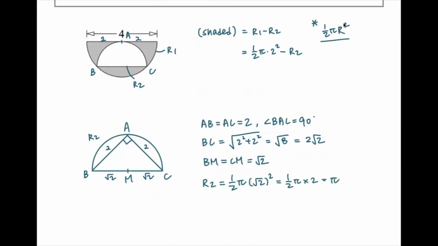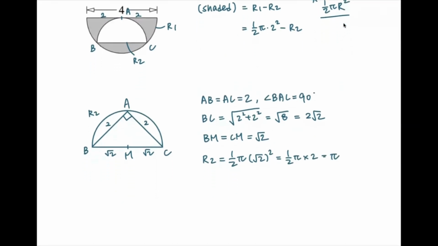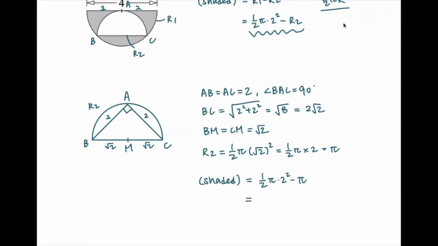Now we know the shaded area, as we mentioned here. We get R1 minus R2, which was half pi times 2 squared minus pi. We get 2 pi minus pi, which is equal to pi.